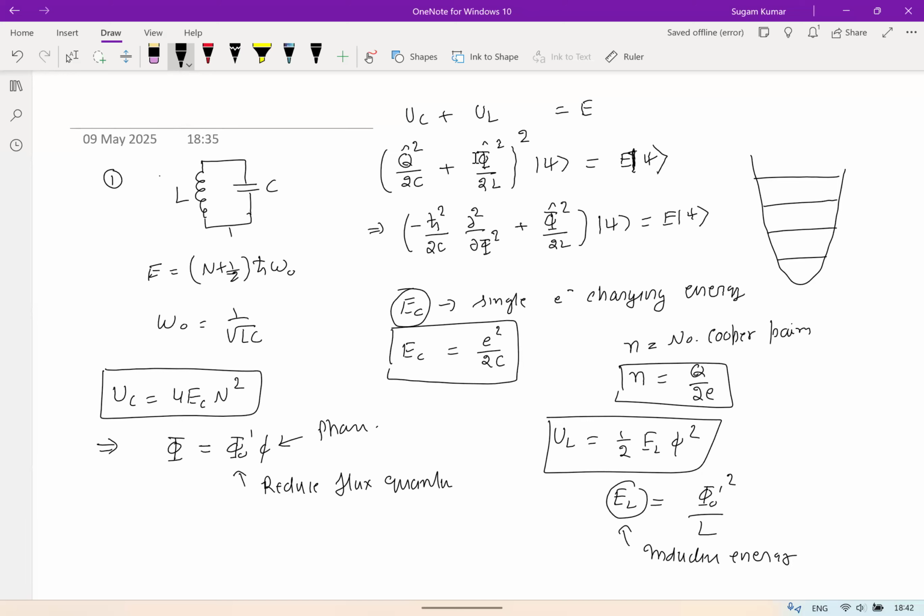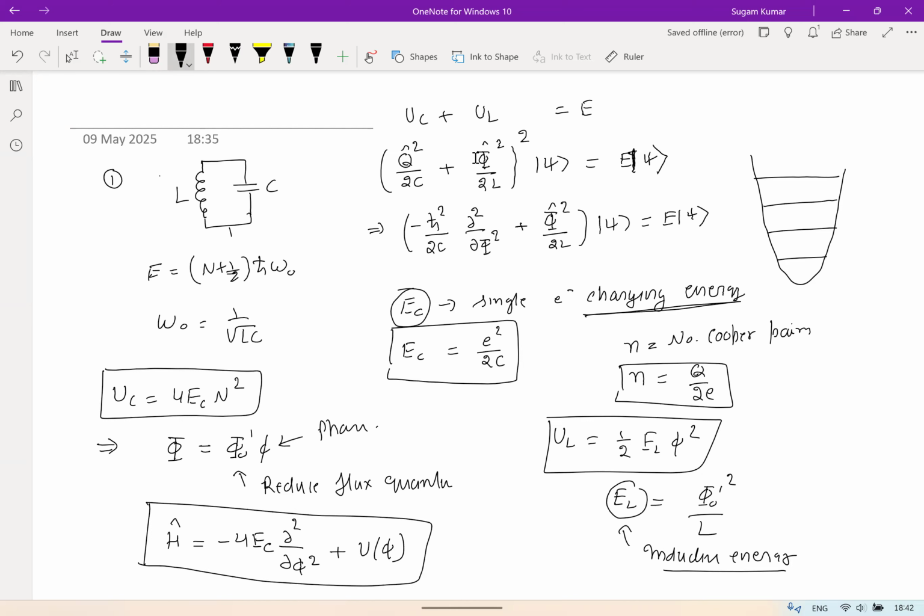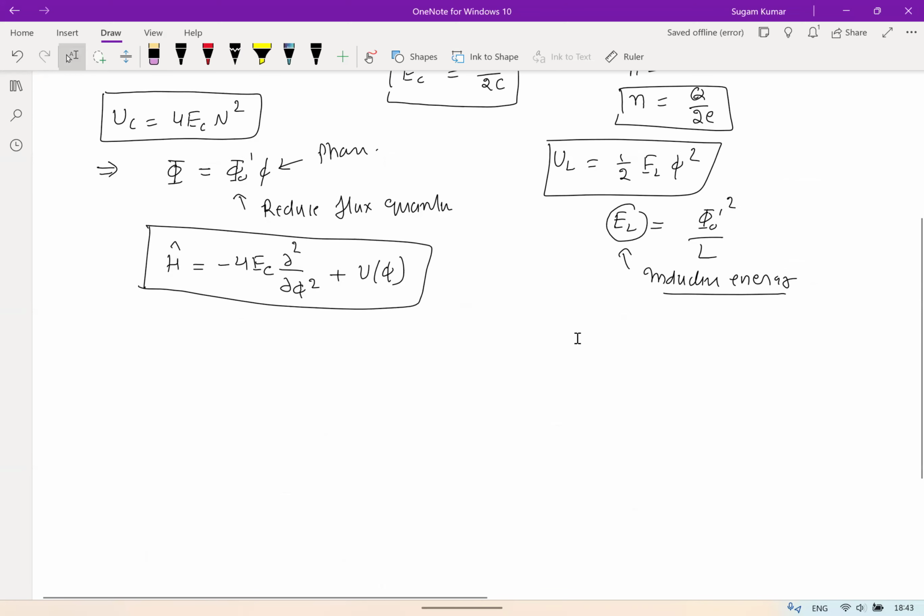EC is the charging energy, you can simply say, and EL is the inductive energy. And then H cap, I better write in the format minus 4 EC del square by del phi square plus U of phi. So in terms of phase, this is another equation which you need to understand. These were the terms we used in the last class.